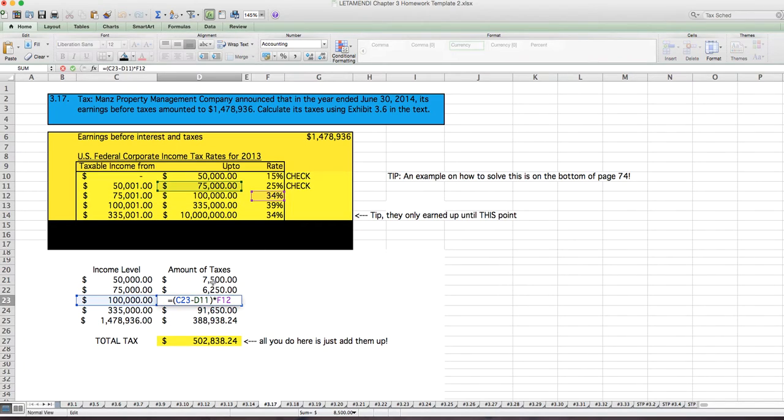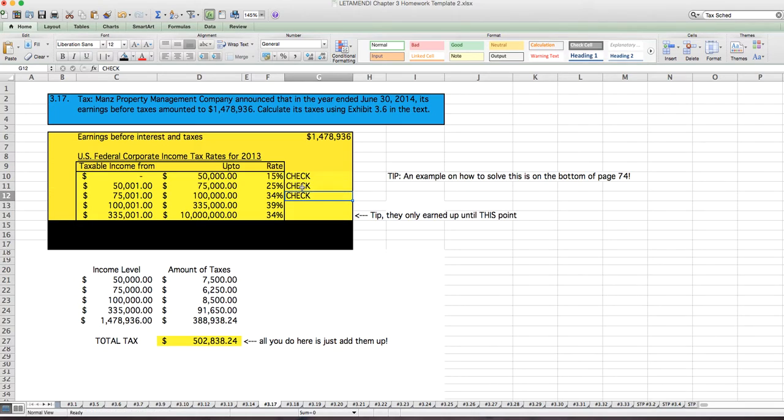So what we do is we take the 100,000 minus 75 because we want to calculate what the taxes are going to be on the $25,000 that they've made above the previous level, and then you multiply that by 34%. And when you do that, you get 8,500, right? So then let's put check.